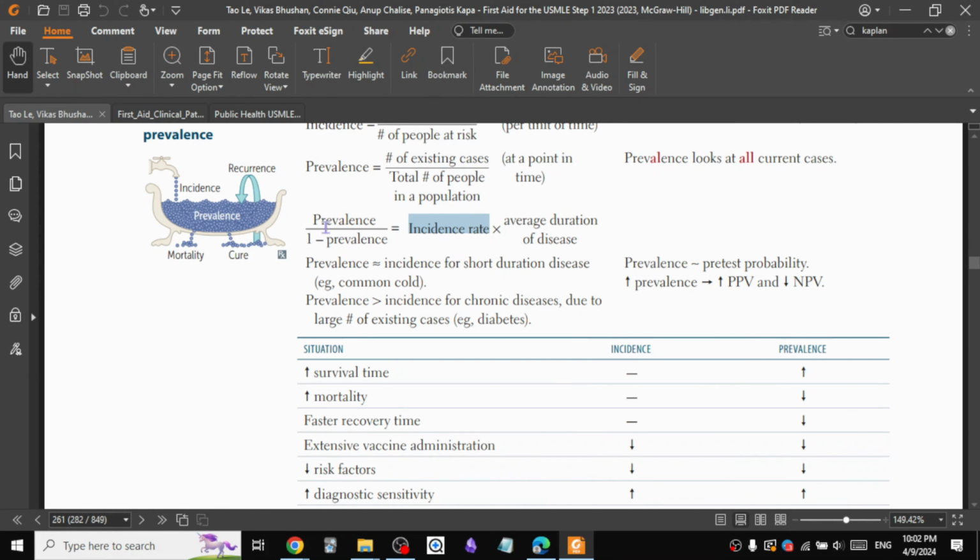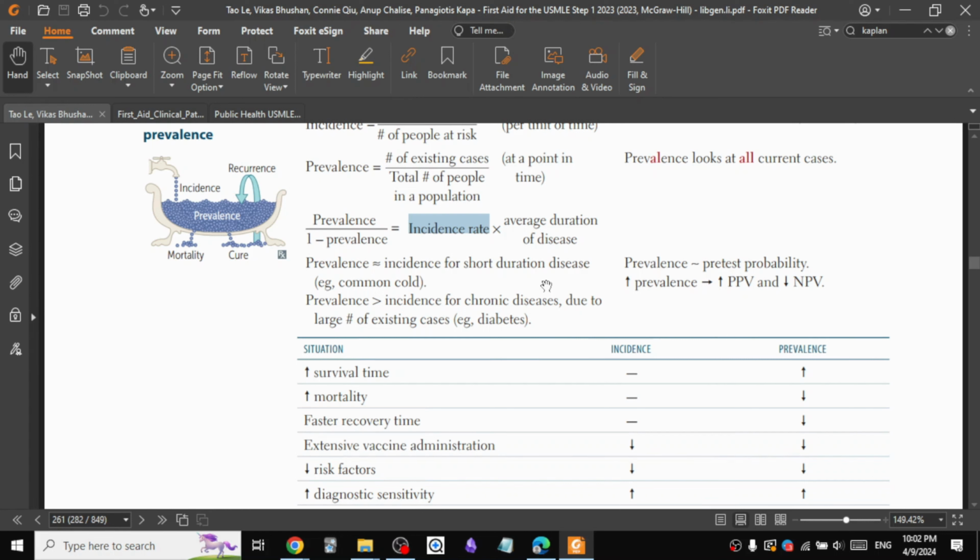And if you want to convert it to prevalence, you have to use this formula, right? Prevalence divided by 1 minus prevalence. So this represents the whole minus the prevalence, right? So I got the prevalence using my incidence. Now, what we have to remind ourselves is that the difference between prevalence and incidence depends on how closely we're looking at the time period.